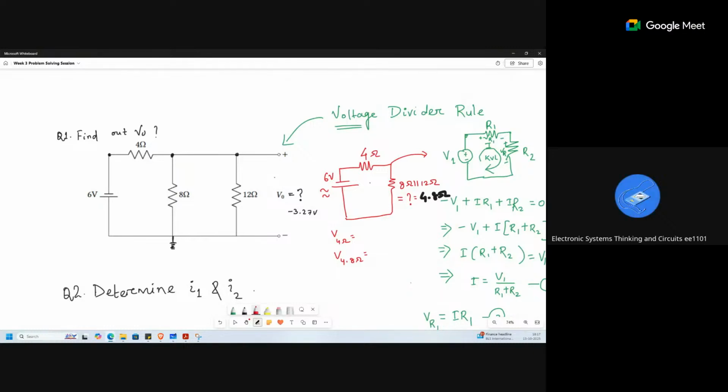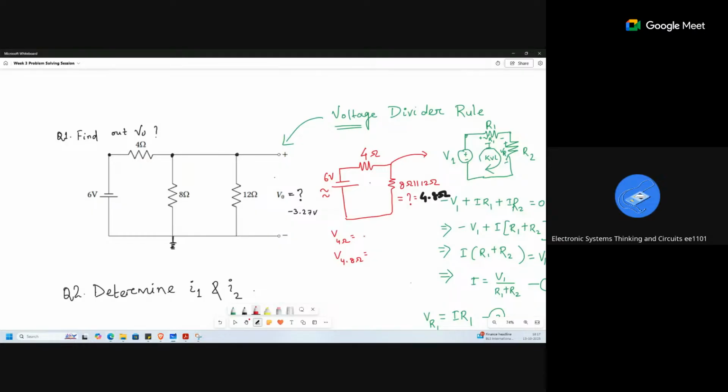So can you tell me how much you got? Voltage across 4.8 ohm and voltage across 4 ohm. Anyone got it? Ma'am, 24 and 28.8.